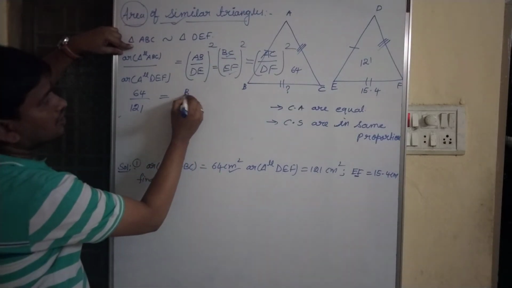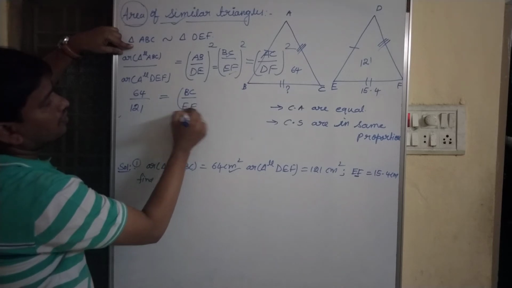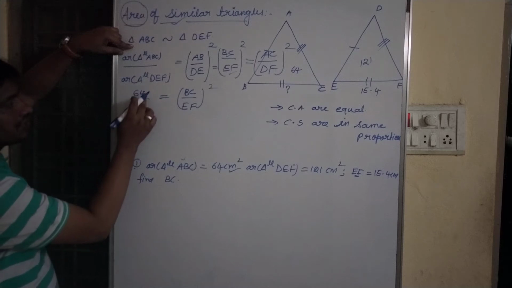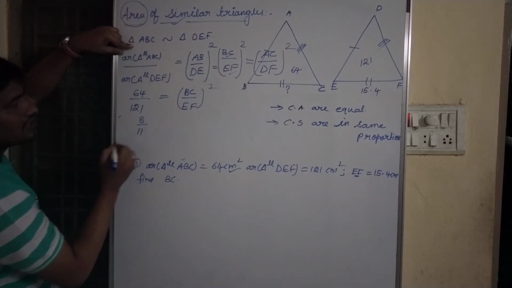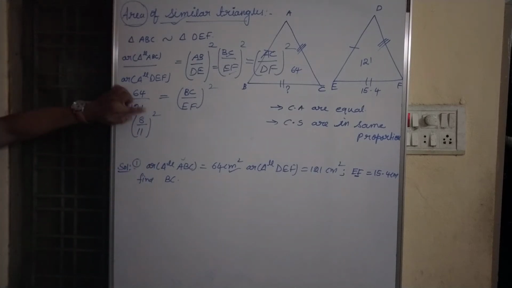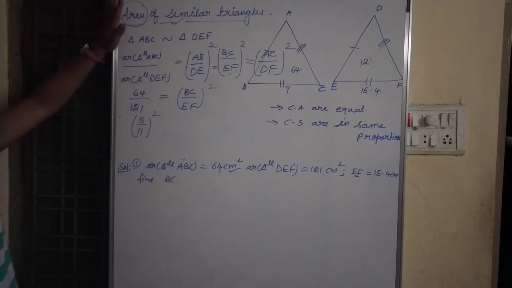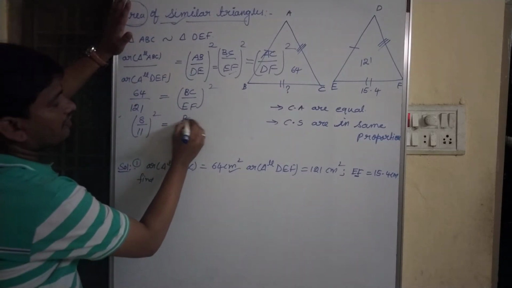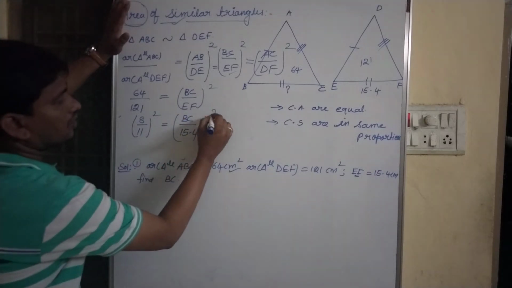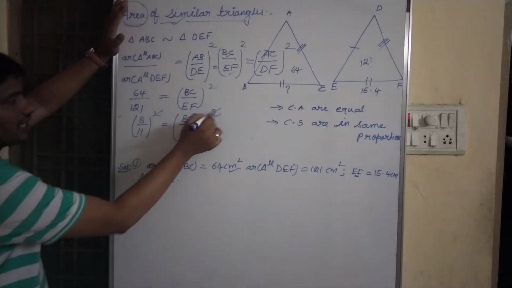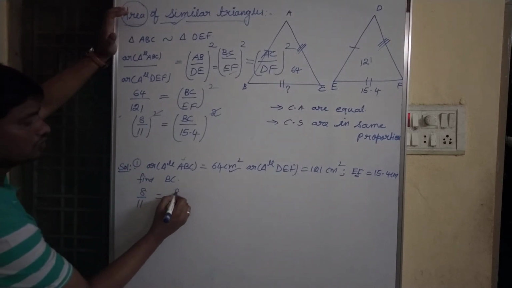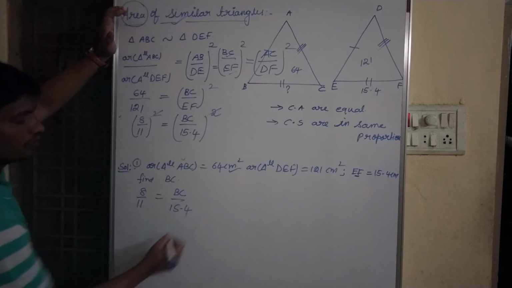So I can write BC by EF whole square, right? Listen here students, 64 by 121 I can write as 8 by 11 whole square. Actually 8 square value 64 and 11 square value 121, equal to BC by EF, the value of EF is given 15.4 centimeter, whole square. I can cancel square and square. Yes, we got now 8 by 11 is equal to BC by 15.4.